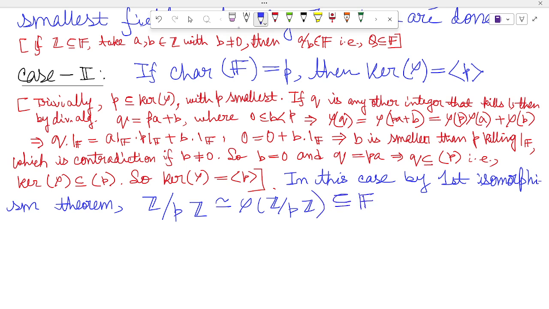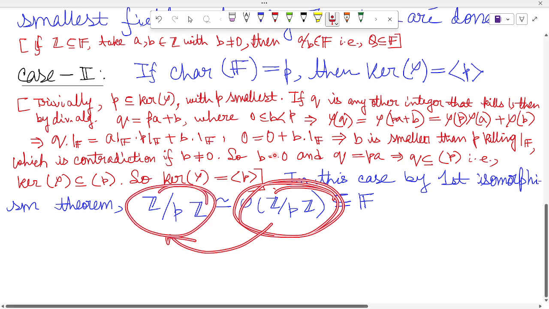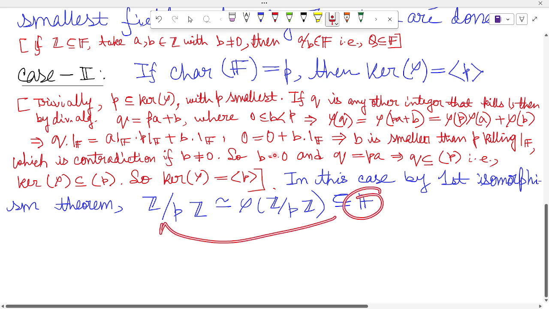So Z mod pZ embeds, so F contains Z mod pZ, because it is a field here, so it contains an isomorphic copy of this thing, and this is a field.